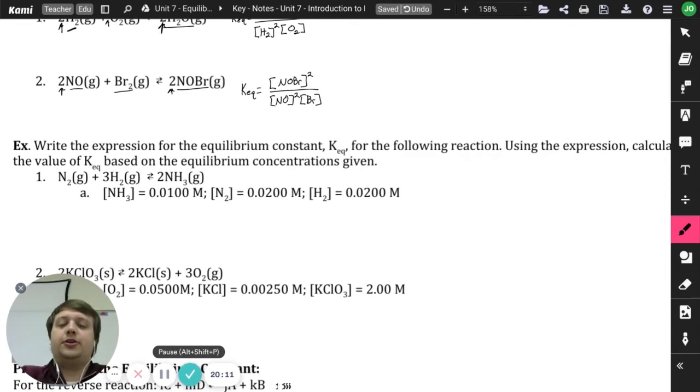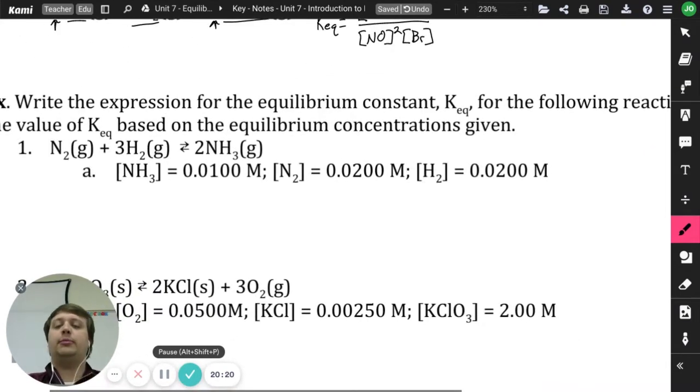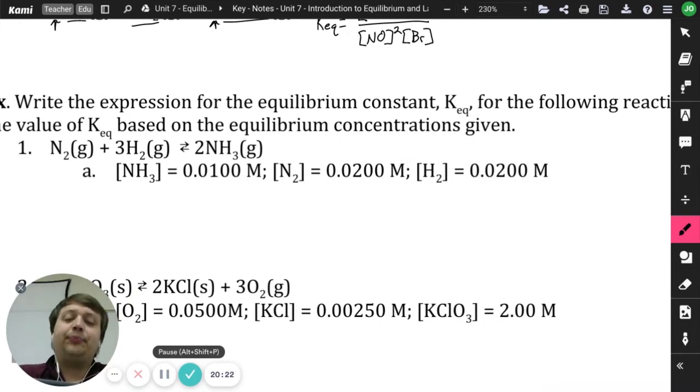So it says write the expression for the equilibrium constant for the following reaction. Using the expression, calculate the value for KEQ based on the equilibrium concentrations given. So KEQ is basically solving for our point at which we've reached equilibrium. Okay. What I would do is start with my KEQ.